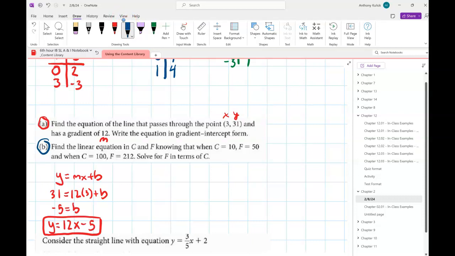Find the linear equation in C and F, knowing that when C equals 10, F is 50, and when C equals 100, F is 212. Write for F in terms of C. Anybody can tell by the numbers what C and F are?